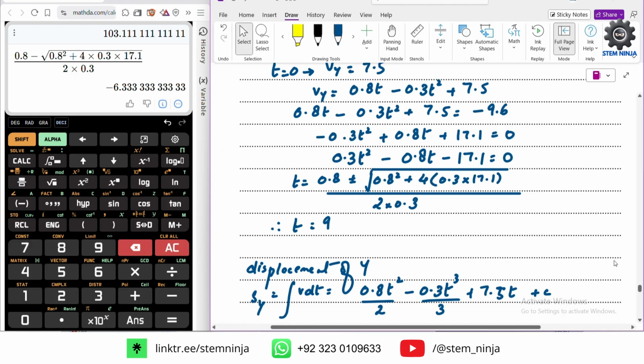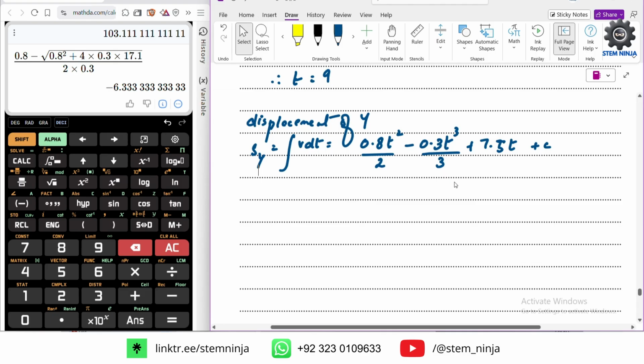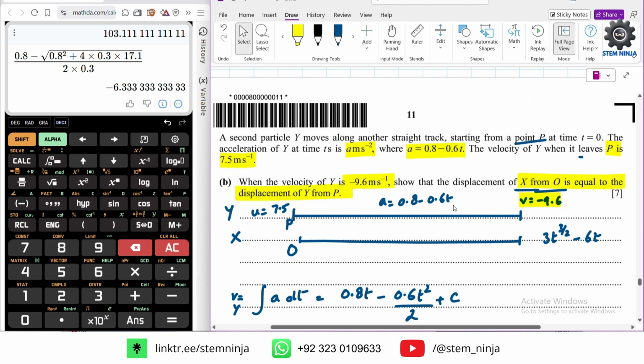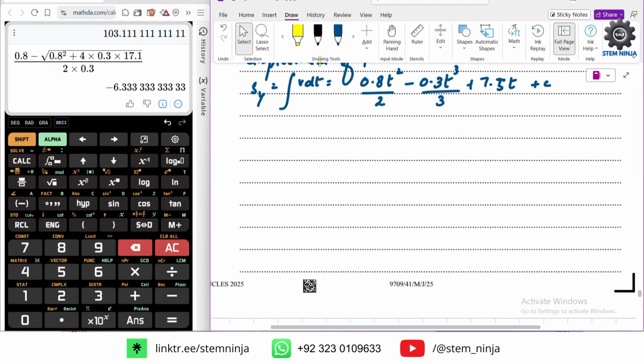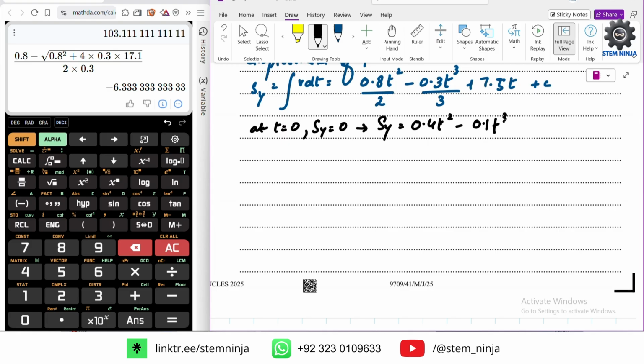Okay, then what we simply do is figure out what sy is at t is equal to 0. It's starting from point P at time t is equal to 0, so we can assume that displacement is 0. So therefore at t is equal to 0, sy is equal to 0, so sy is 0.4t squared minus 0.1t cubed plus 7.5t.